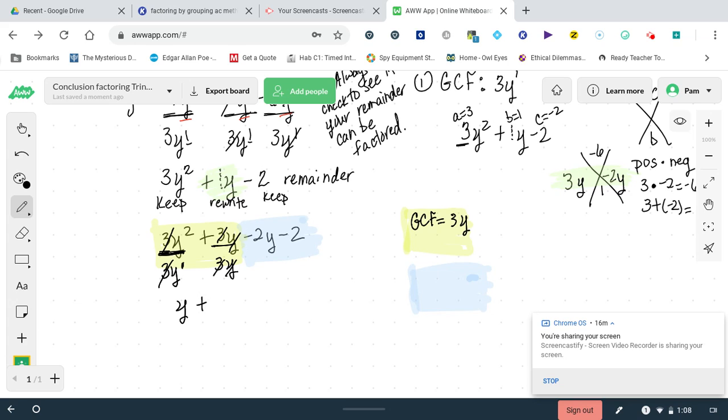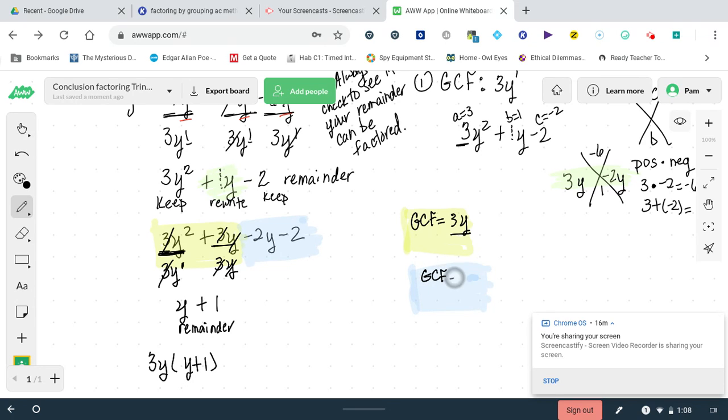You're going to be left with just 1. Stuff over the same stuff over the same stuff is 1. Or you could just say 3 divided by 3 is 1. And the y's cancel. All right. So now this is your remainder when you divide it by what? Well, 3y. So that means 3y and y plus 1 go together.